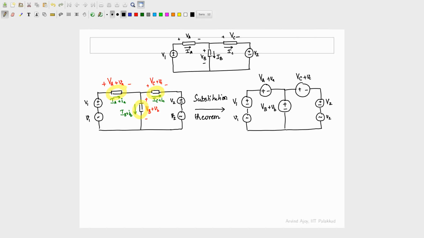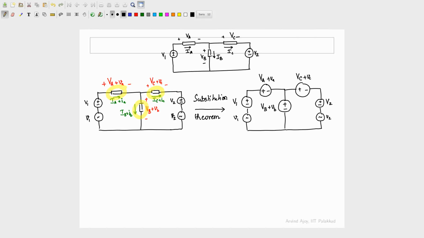Just keep the fact that the directions should be correct, right? VA polarity is wrong, correct. Other polarities are correct, right?